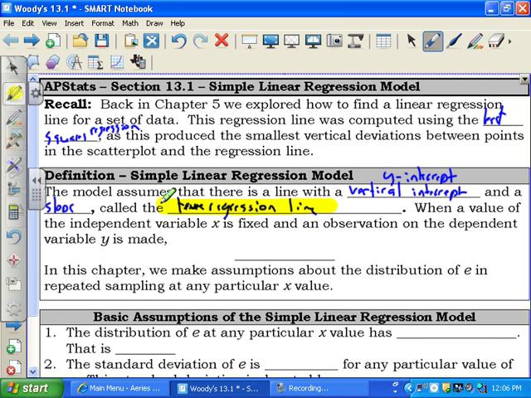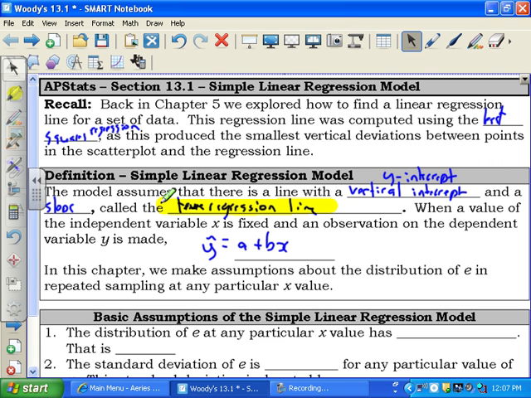But what we do is we make our predictive model, and that's lowercase y hat equals lowercase a plus bx, where a and b are estimates based on our scatter plot.